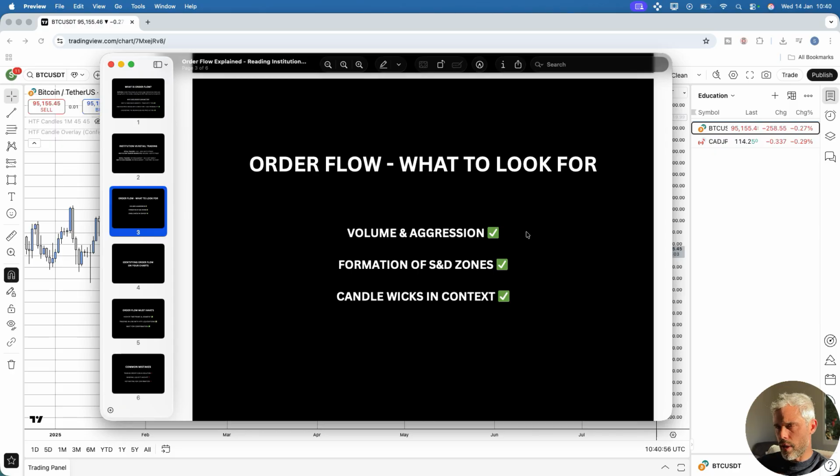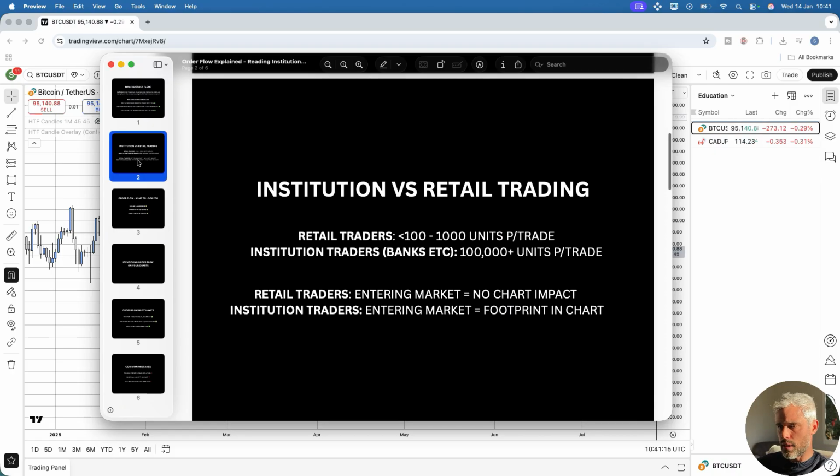We also want to see the formation of supply and demand zones, because these can be created in order to manipulate, but they fundamentally cannot be; they are created in the process of volume and aggression coming into the market naturally because of the way institutions want to enter and exit positions.